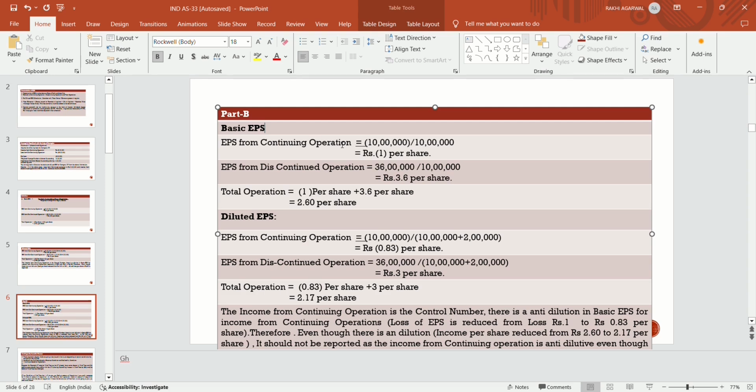So total operation in case of diluted EPS, continuing and discontinuing operation, is a loss of 0.83 per share plus a profit of 3 per share, so it becomes 2.17 per share. Now in that case, what happened? There is a loss of rupees 1 per share from continuing operation, and that loss decreased from 1 to 0.83.